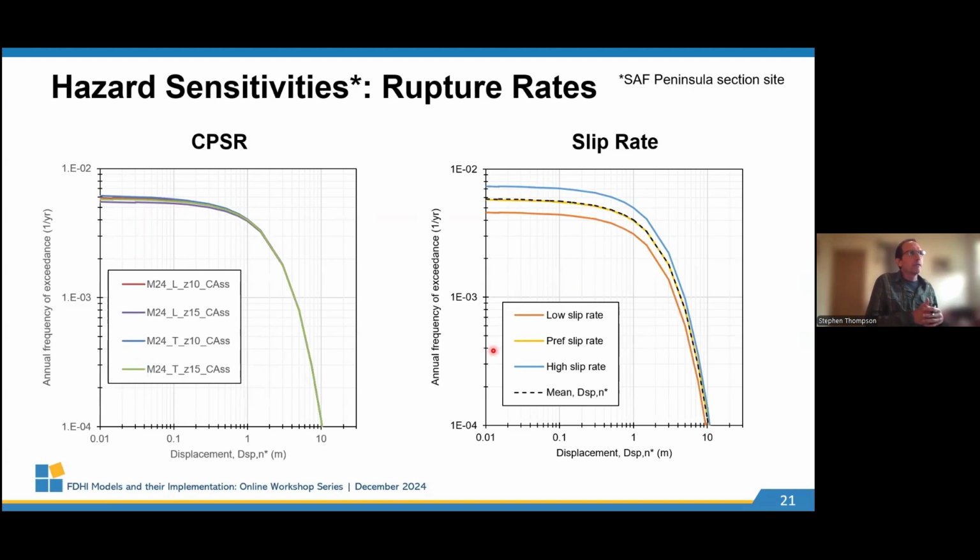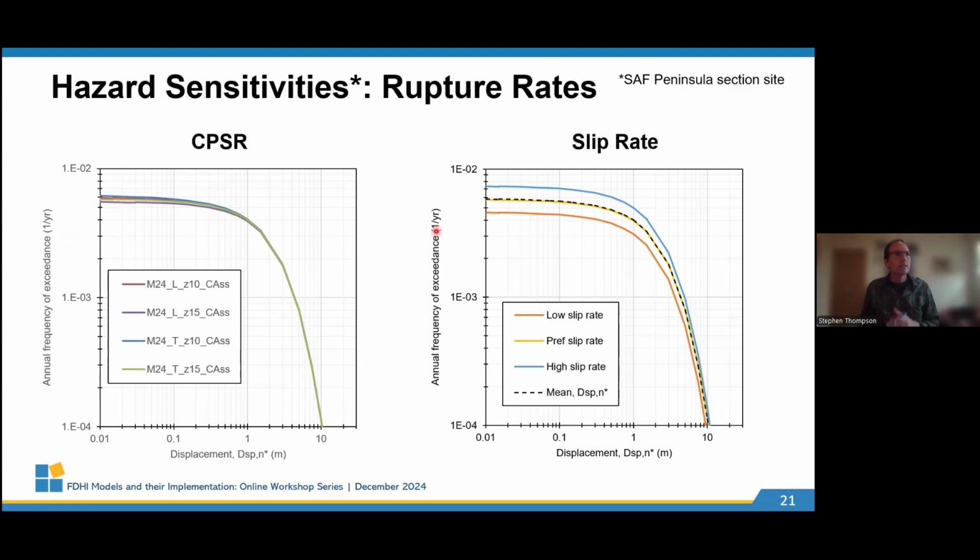The hazard sensitivities that affect the rupture rates. We have the conditional probability of surface rupture that, again, is whether or not a given magnitude earthquake will rupture to the surface. As we saw earlier, for this particular project, because we're focused on the larger magnitudes, there's very little uncertainty in hazard that's driven by uncertainty in our surface rupture models.